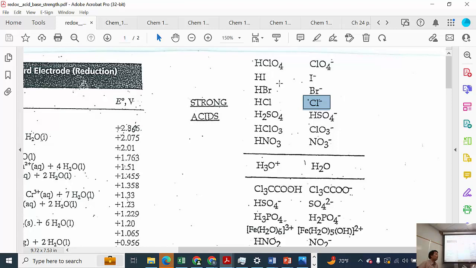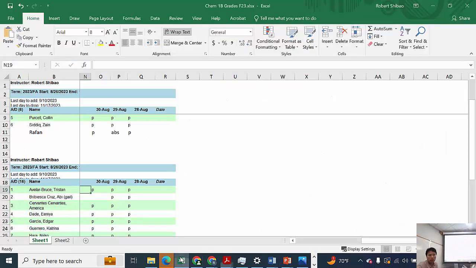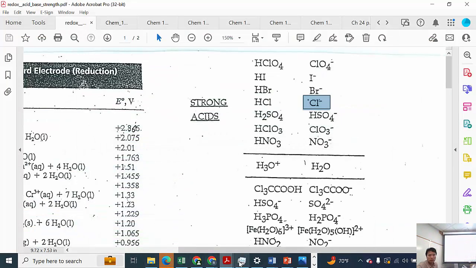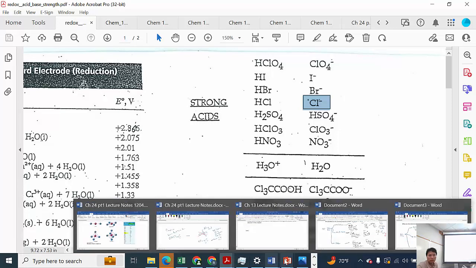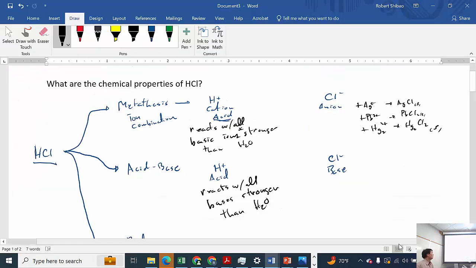No. In fact, you should have memorized that chloride is a terrible base. Chloride's going to be neutral. Too weak to react.